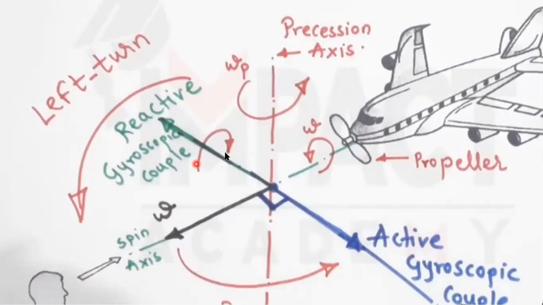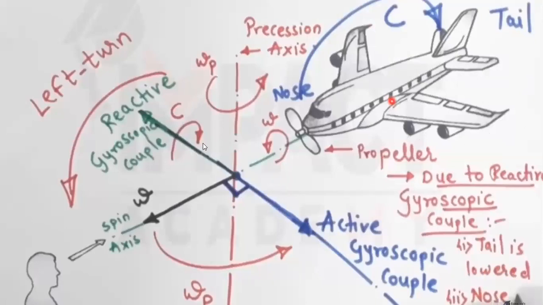So just convert this couple to the aeroplane. When you close and open all four fingers of your right hand, and your right hand thumb denotes the arrowhead of the reactive gyroscopic couple, just transfer this couple directly to the aeroplane, so that the tail end will be dipped or lowered and the nose end will be raised.